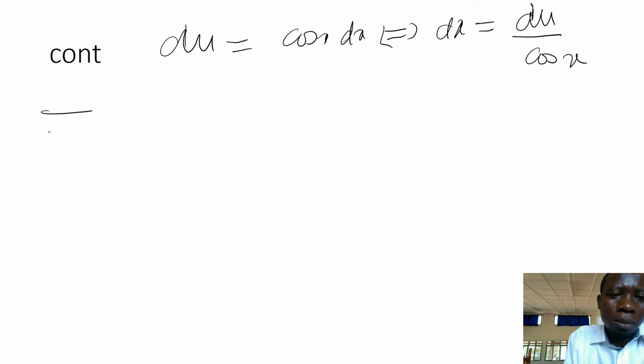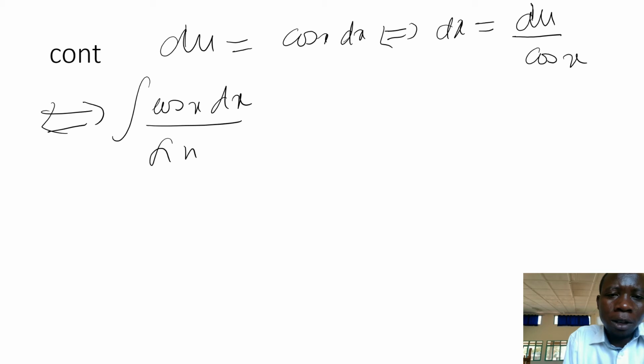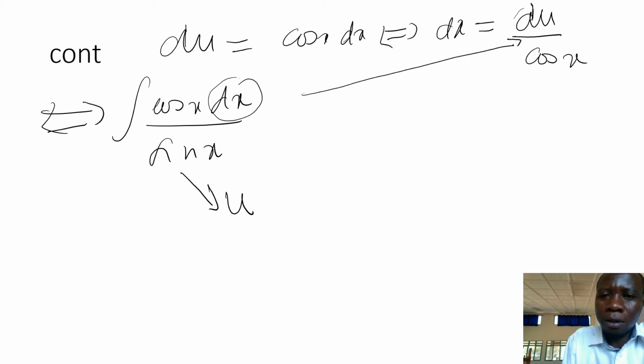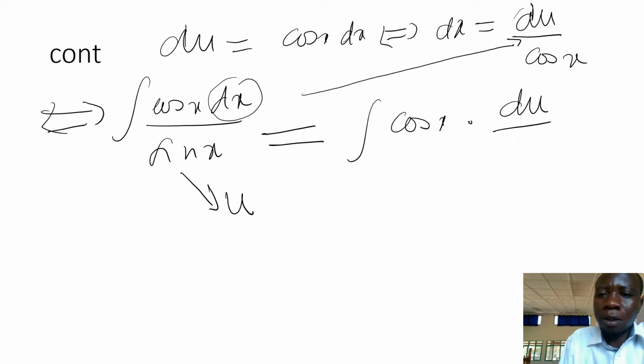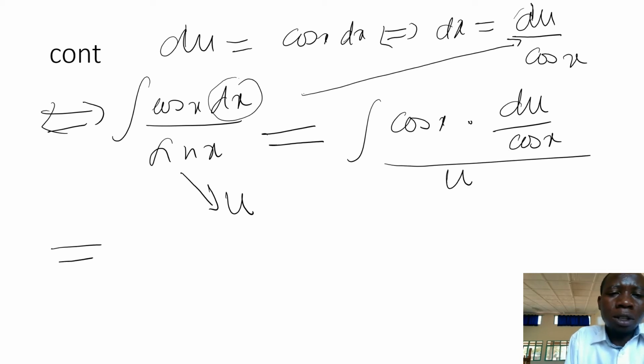So my integral will become, remember that I have sin x dx over cos x. This one is going to be u, and this one is going to be replaced by that one. So my integral will become negative sin x times du over sin x divided by u. Let's simplify this and this.